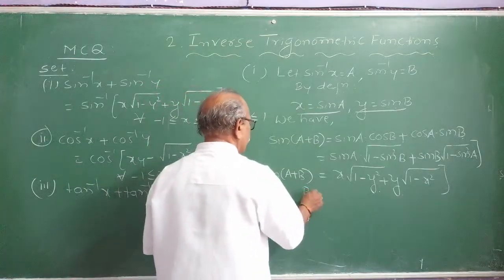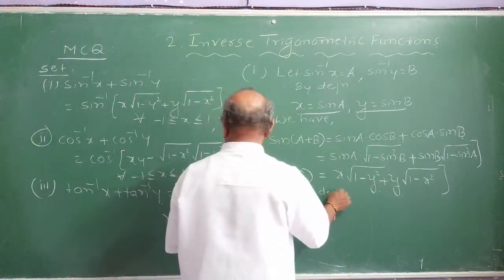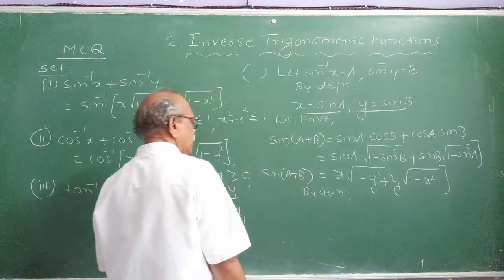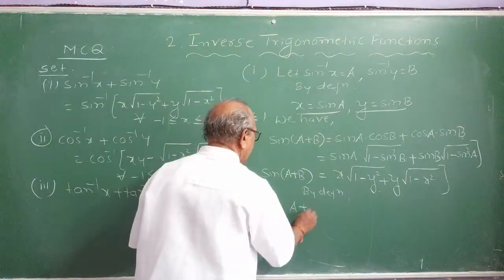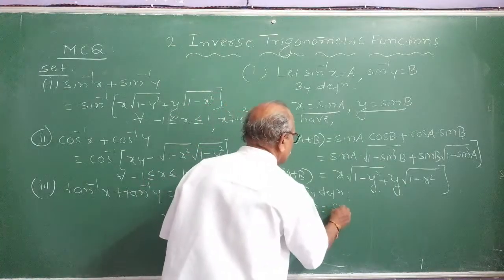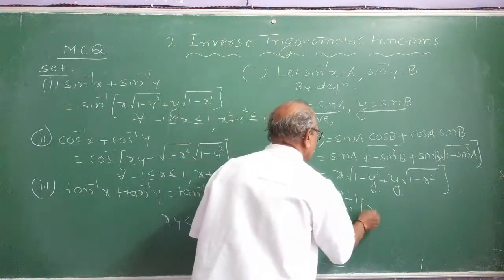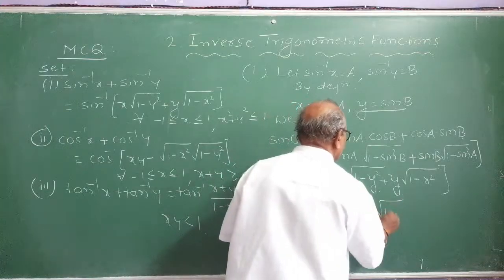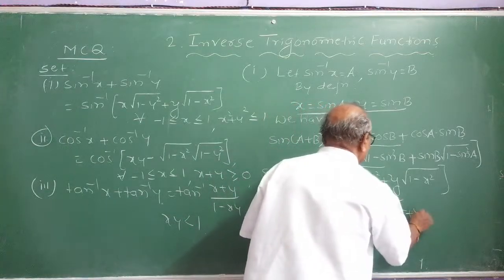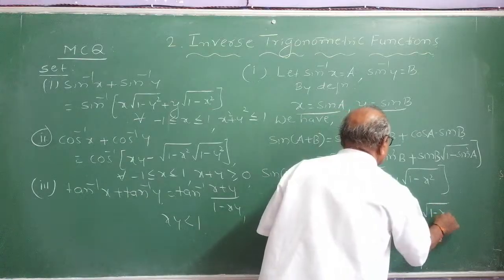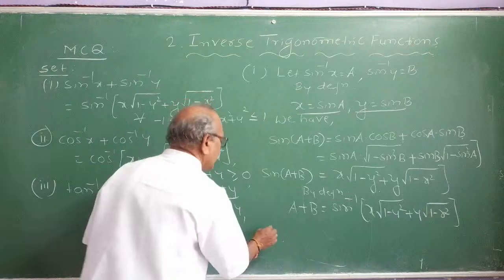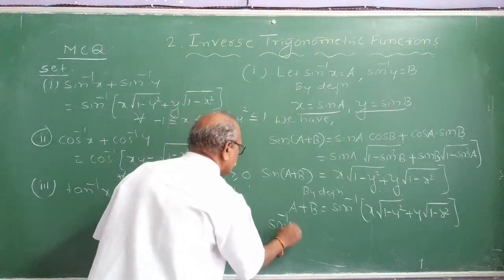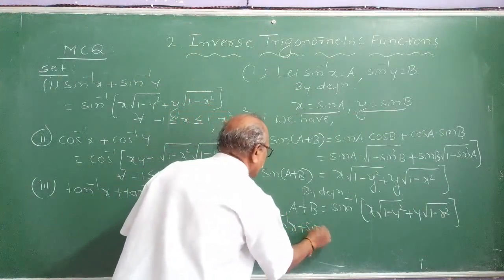By using the definition, with the restrictions, you can write a plus b is equal to sin inverse of x root 1 minus y square plus y root 1 minus x square. What is a plus b? It is sin inverse x plus sin inverse y.